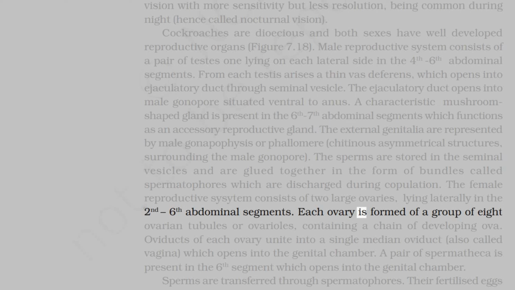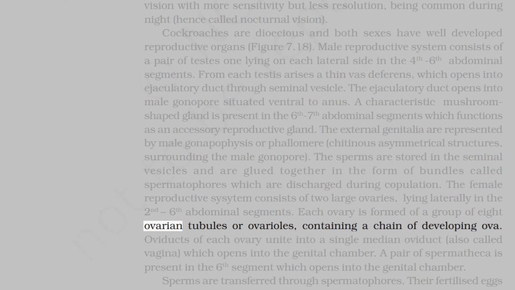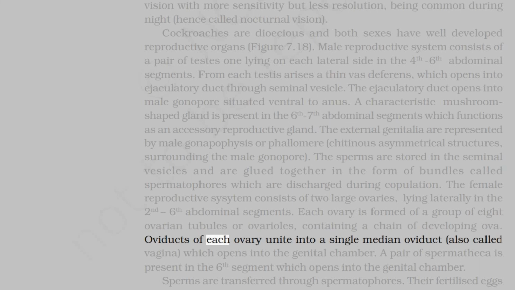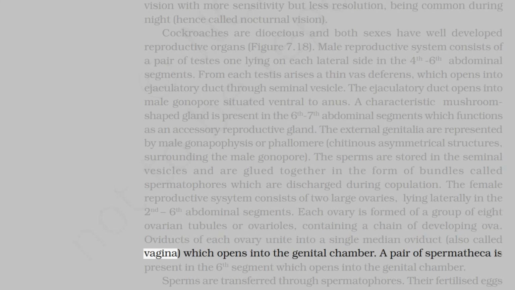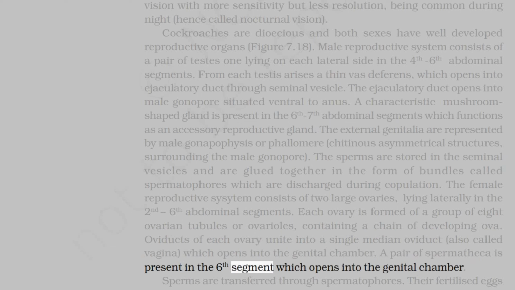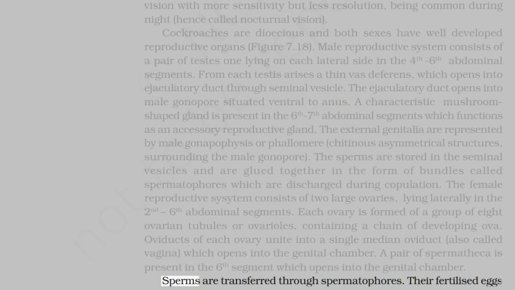Each ovary is formed of a group of 8 ovarian tubules or ovarioles, containing a chain of developing ova. Oviducts of each ovary unite into a single median oviduct, also called vagina, which opens into the genital chamber. A pair of spermatheca is present in the 6th segment, which opens into the genital chamber. Sperms are transferred through spermatophores.